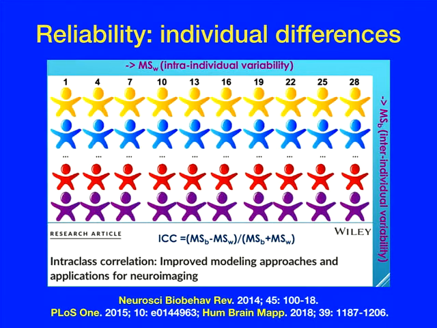So these are two different types of individual differences. So reliability is calling this. High reliability causes very small intra-individual variability and very big inter-individual variability, right, from this equation.